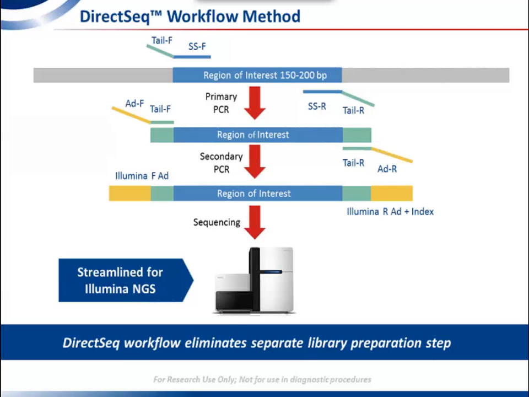After the primary PCR, which amplifies the region of interest and adds the tail region, you do a secondary PCR amplification, which adds the remainder of the tails for the Illumina adapters, as well as indexes. This can then go directly onto the next-gen sequencing Illumina platform without having to do additional library preparation steps.